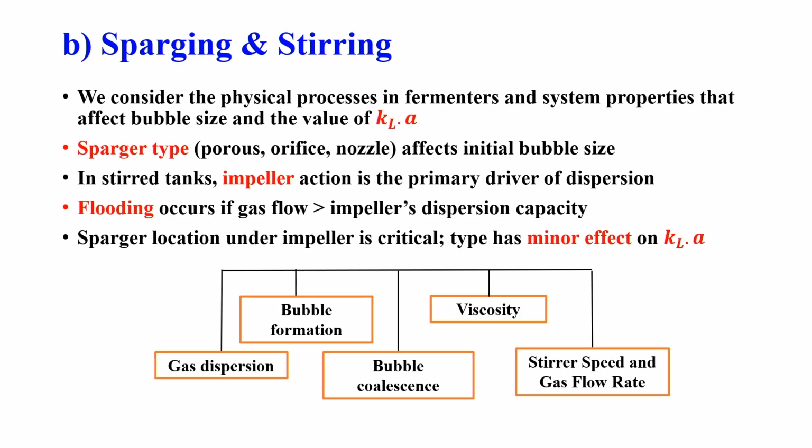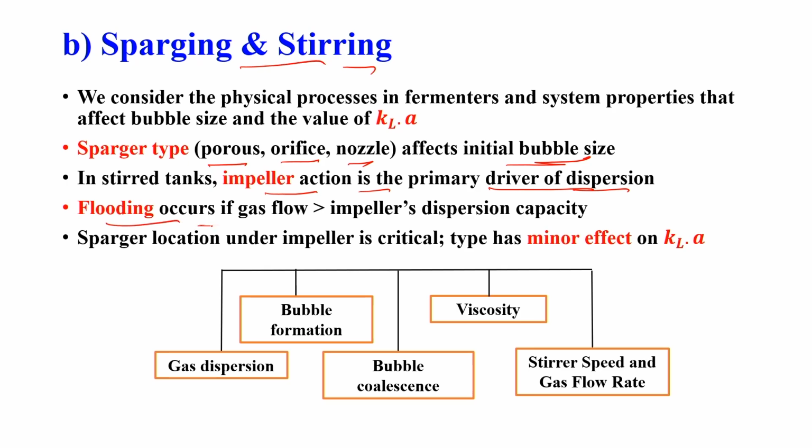Further, after bubble formation comes sparging and stirring. There can be different types of sparger, porous, orifice and nozzle, and these particularly affect the bubble shape and bubble size. Further, if mixing is done, there is an impeller which causes the dispersion of bubbles.